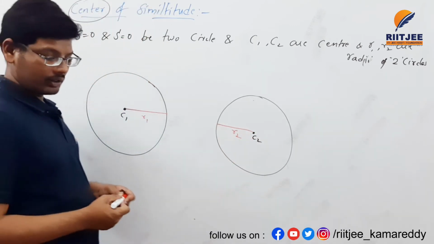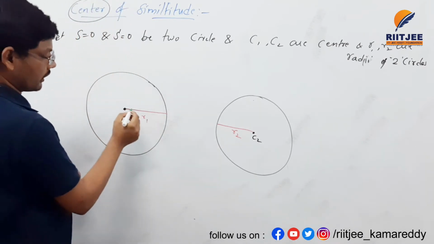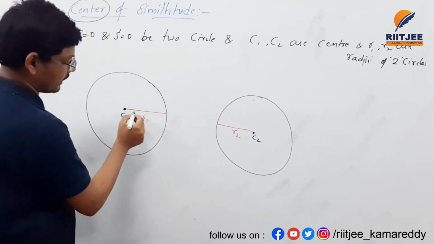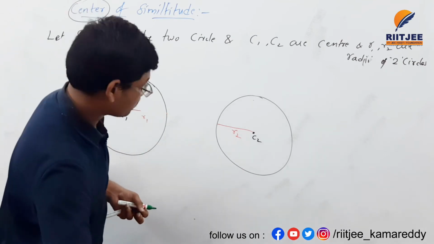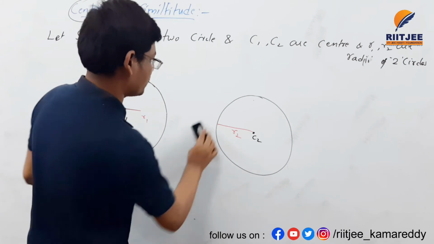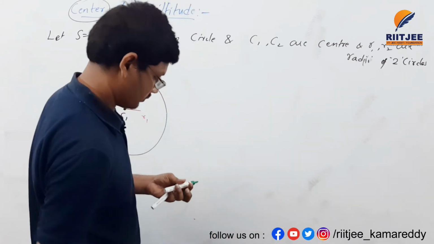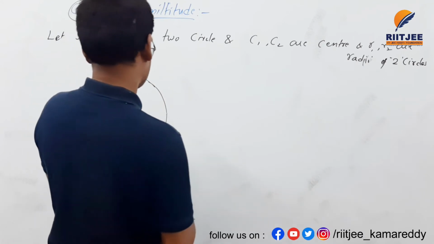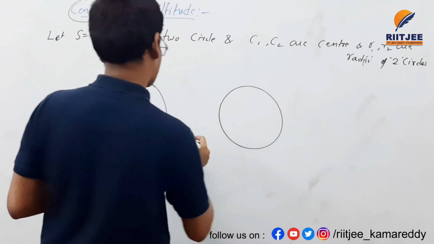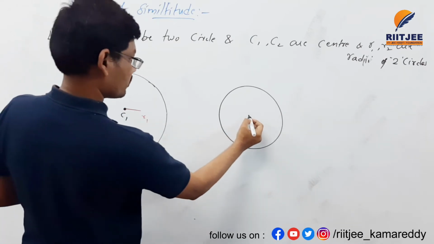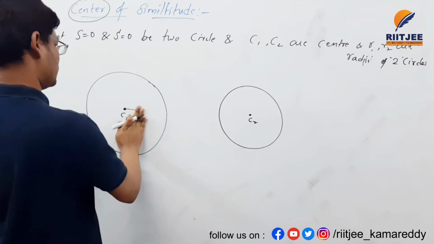If you draw tangents for these two circles, once I am drawing this circle properly, this is having C2 and this is C1.